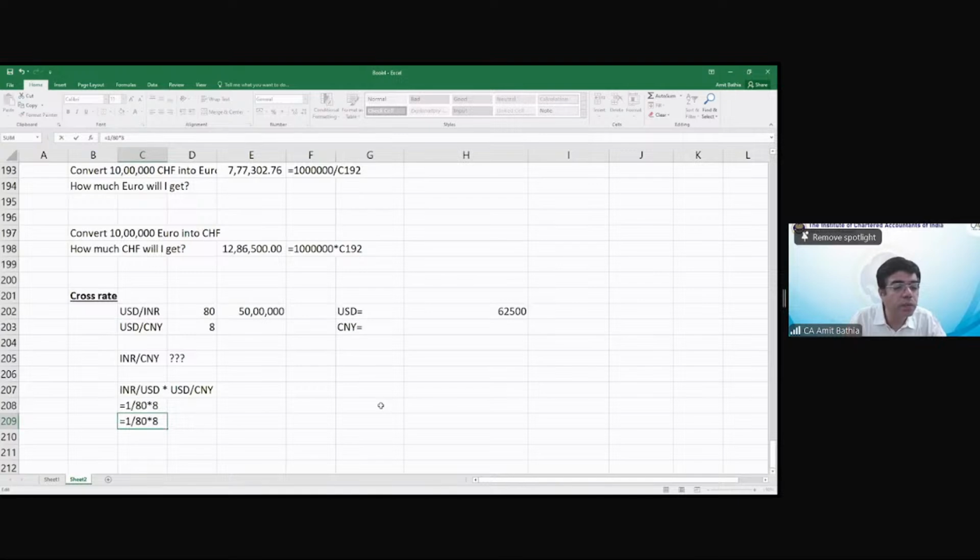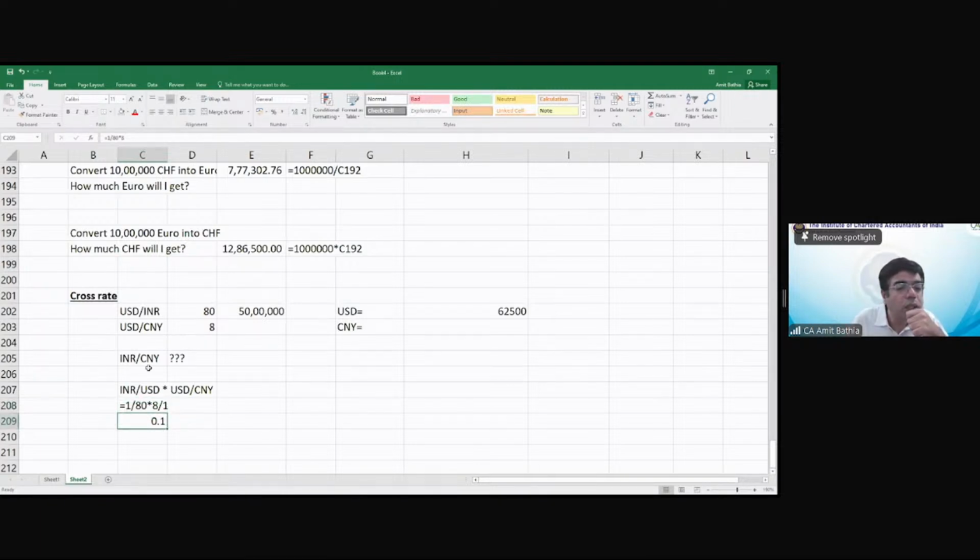So what I get is the exchange rate to be 0.1, meaning for every one CNY, that will cost me how much INR? 0.1 rupees? No, there is some mistake which I have made. What is the mistake we have made?